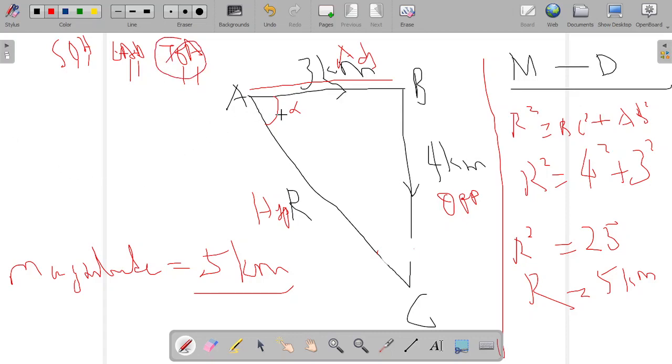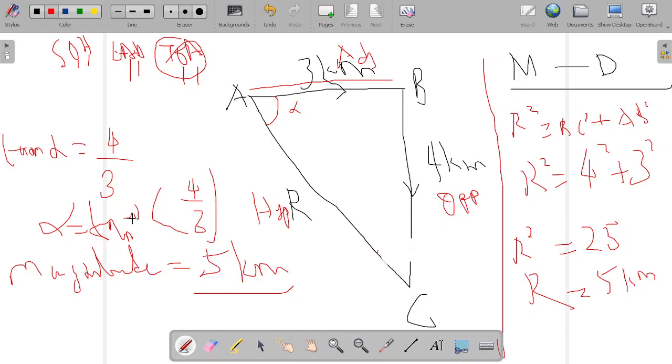Then we say tan of this angle is equal to the opposite, which is 4 kilometers, the side that faces the angle, over the adjacent, which is 3 kilometers. So the angle is equal to the arctan, the tan inverse of 4 over 3, to get our answer.